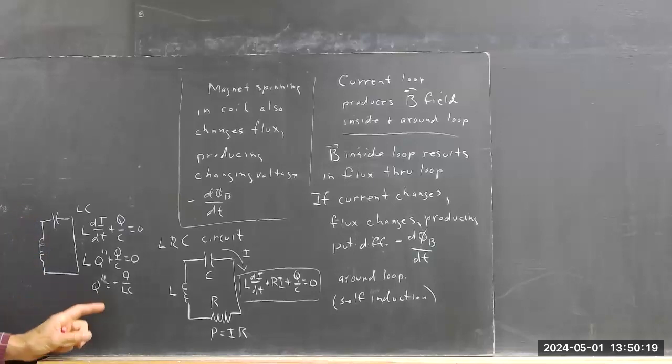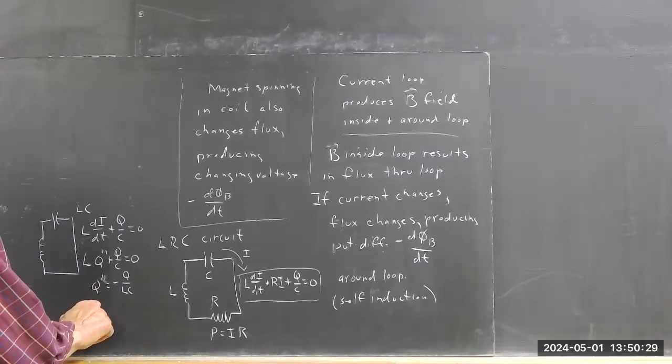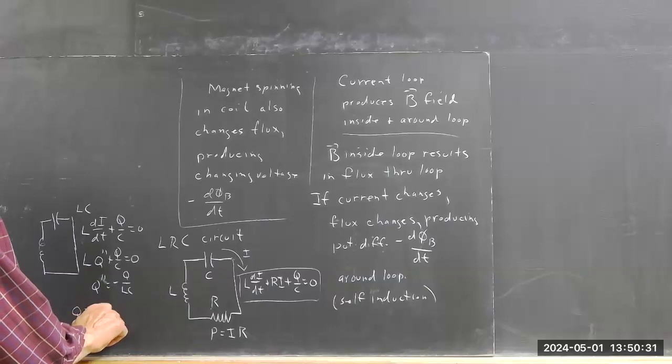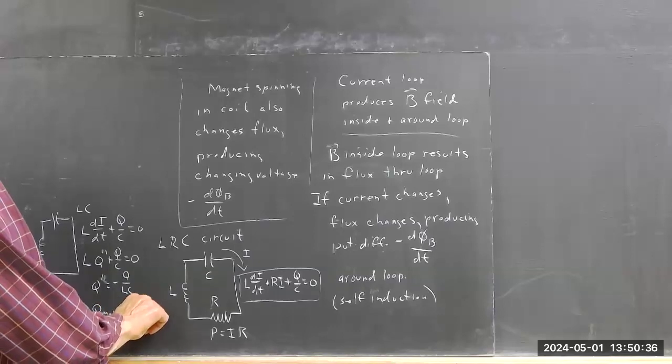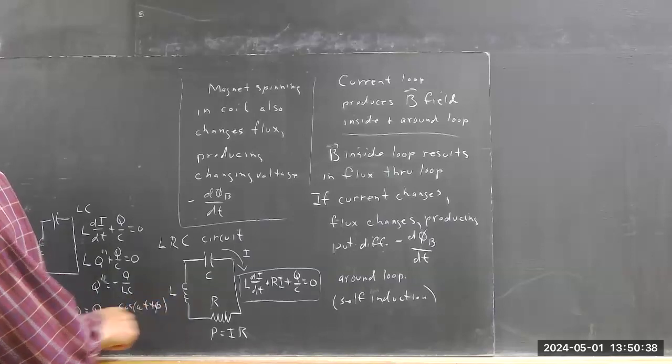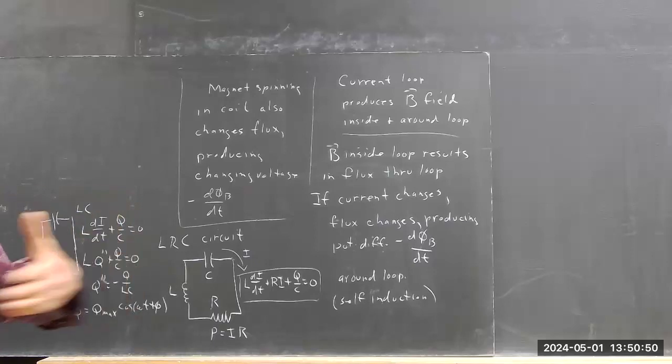Point is, you get this so that Q equals some Q max times the cosine of omega t plus phi. Just totally analogous to what we did with a simple harmonic oscillator with a restoring force constant.